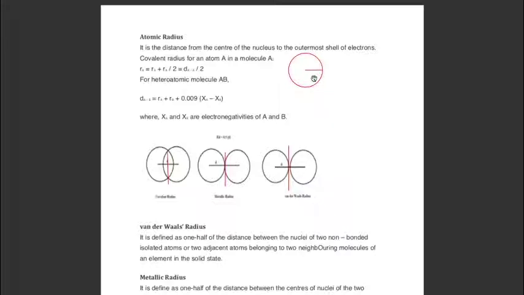Now, an atom is a part of a molecule, and in a molecule atoms are bonded with each other either by covalent bond or ionic bond, or in any metallic crystal atoms have a metallic bond between them.